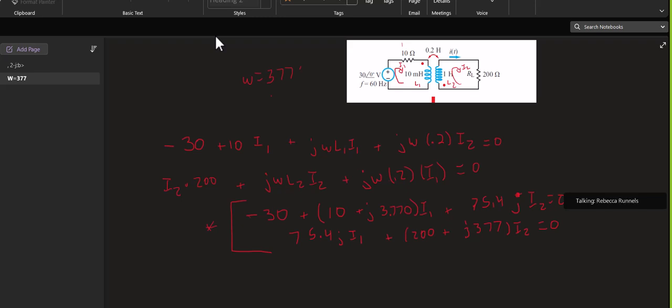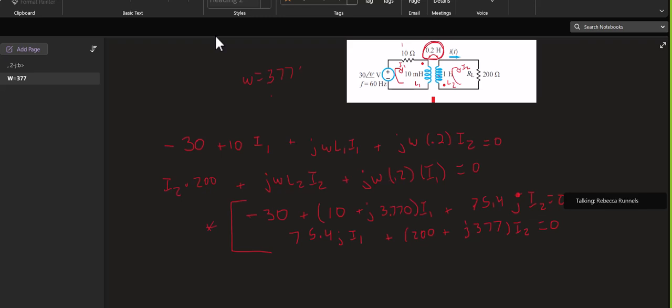We're finding I. So the only difference is that we add a term in when we do the KVL from the other inductor. So when you see this right here, that is telling you that you have mutual inductance. That means any current through this other inductor affects the first inductor.